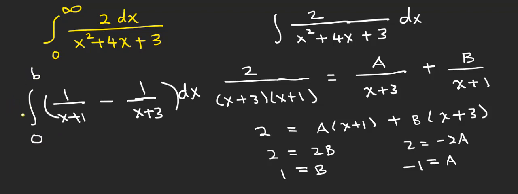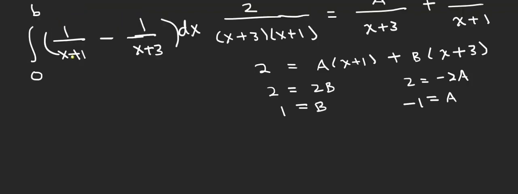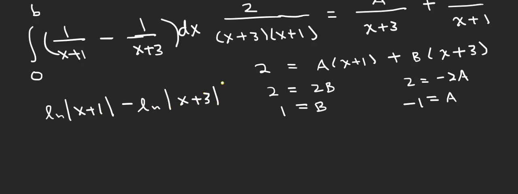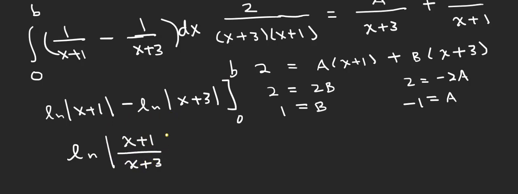I will write the limit later on. First, let's integrate. When you integrate this, you're going to get natural log of the absolute value of x plus 1 minus natural log of the absolute value of x plus 3, from 0 to b. And using the property of natural log, you're going to get natural log of the absolute value of x plus 1 over x plus 3.